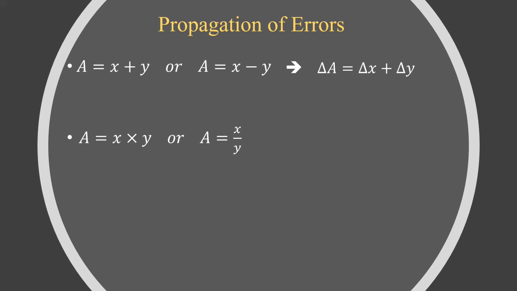If a is equal to x times y or x divided by y, so in other words, multiplication and division, delta a over a is equal to delta x over x plus delta y over y, and then you can solve for delta a, because normally you have all other quantities.